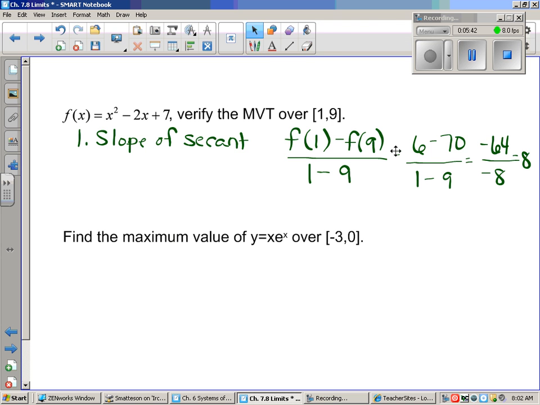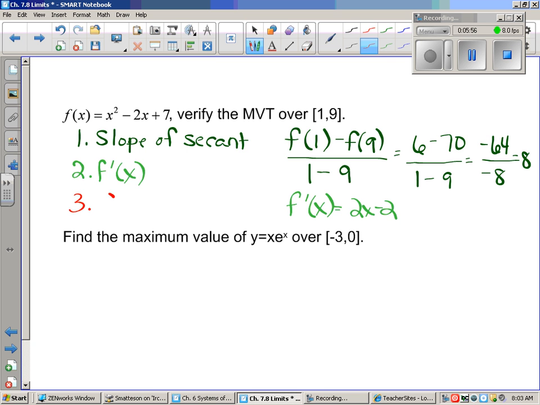Okay, step number 2, f prime of x. And so f prime of x would be 2x minus 2. Step 3, set f prime of x equal to the slope of the secant.